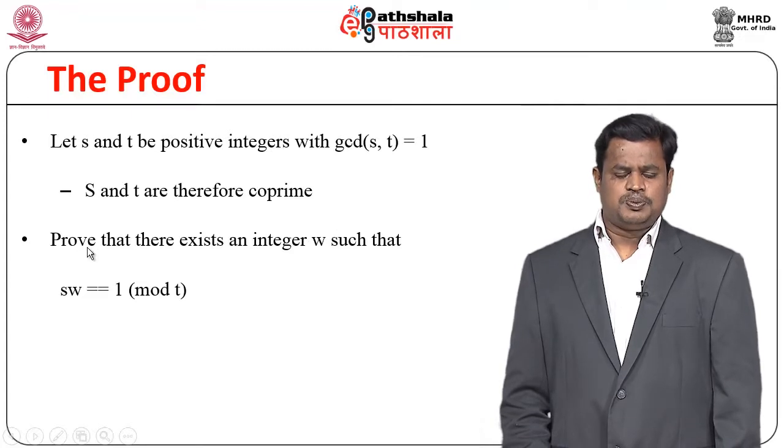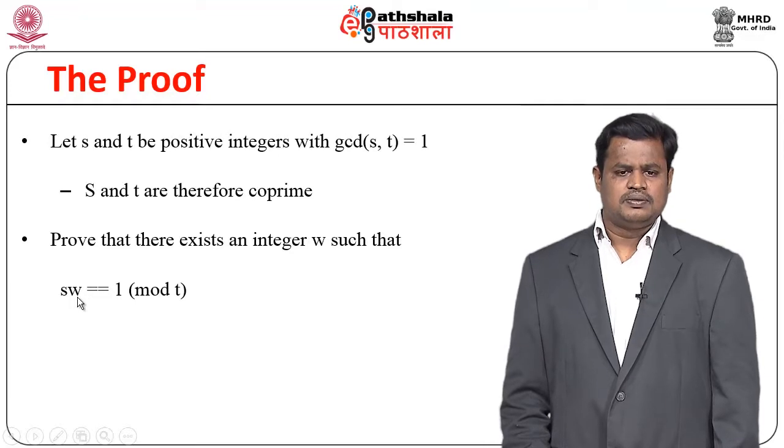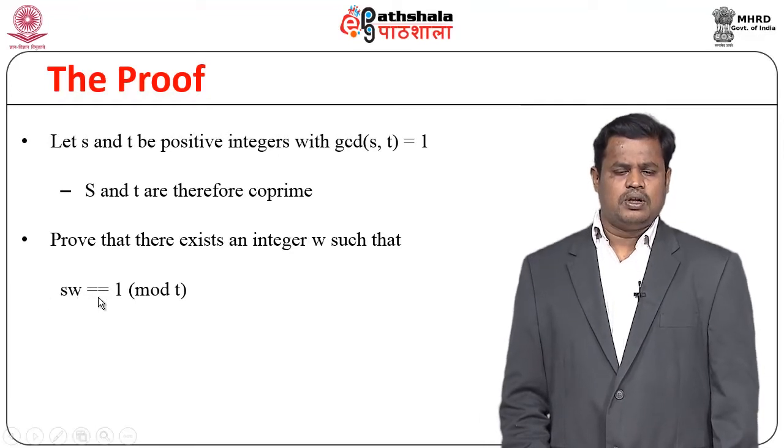So it proves that there exists an integer w, which here is talking about the multiplicative inverse with respect to the given number, such that s w is equal to 1 mod t.